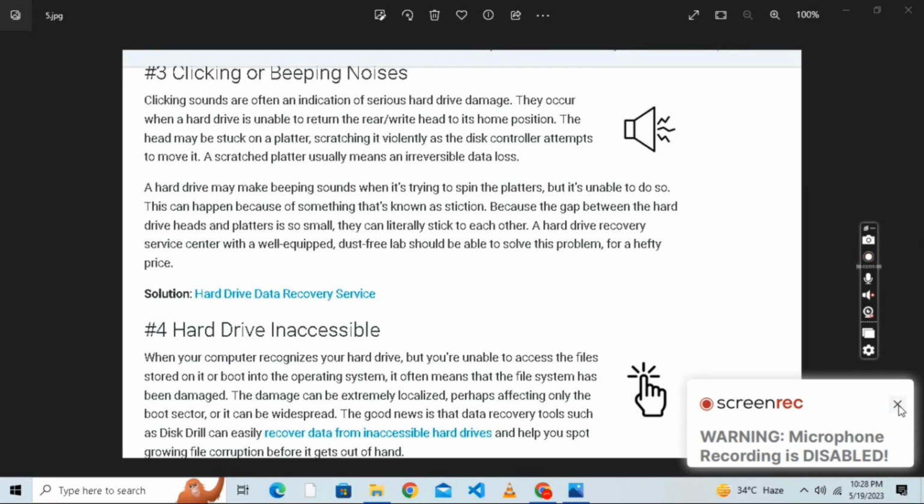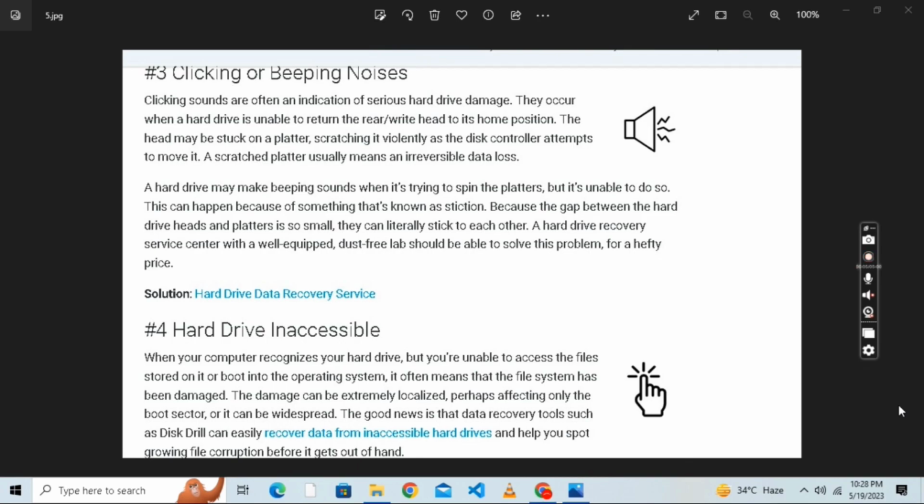Clicking or beeping noises. Clicking sounds are often an indication of serious hard drive damage. They occur when a hard drive is unable to return the read-write head to its home position.